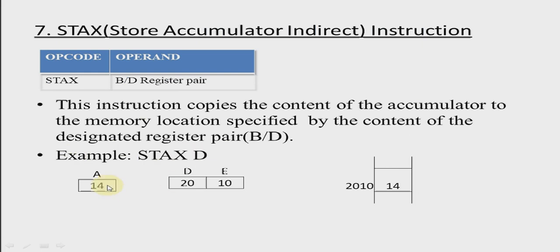Let's take my accumulator containing 40, and my DE pair containing 2010. D contains 20, E contains 10, so the DE pair contains 2010. If I write STAX D, the content of the accumulator will be stored at the memory location pointed out by the DE pair, that is 2010. So 40 will be stored to the location 2010.